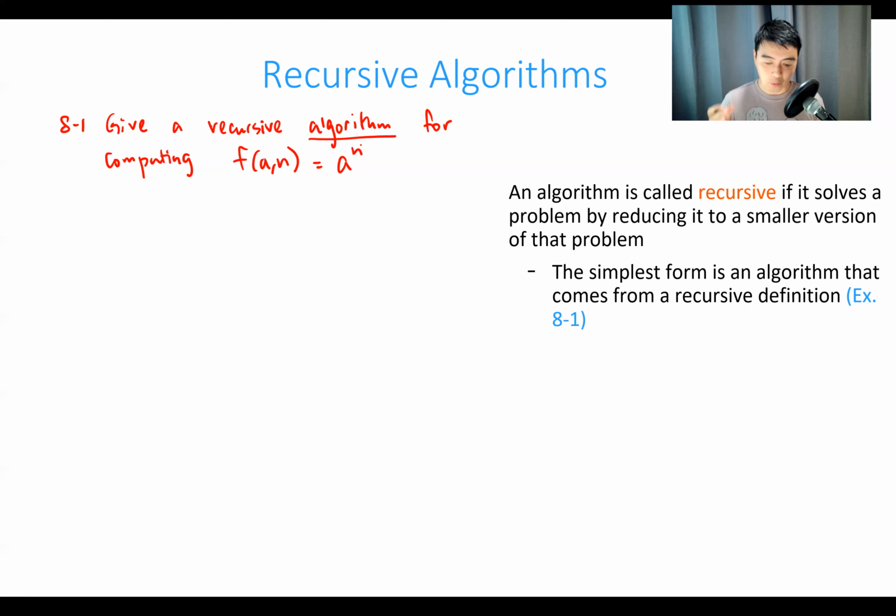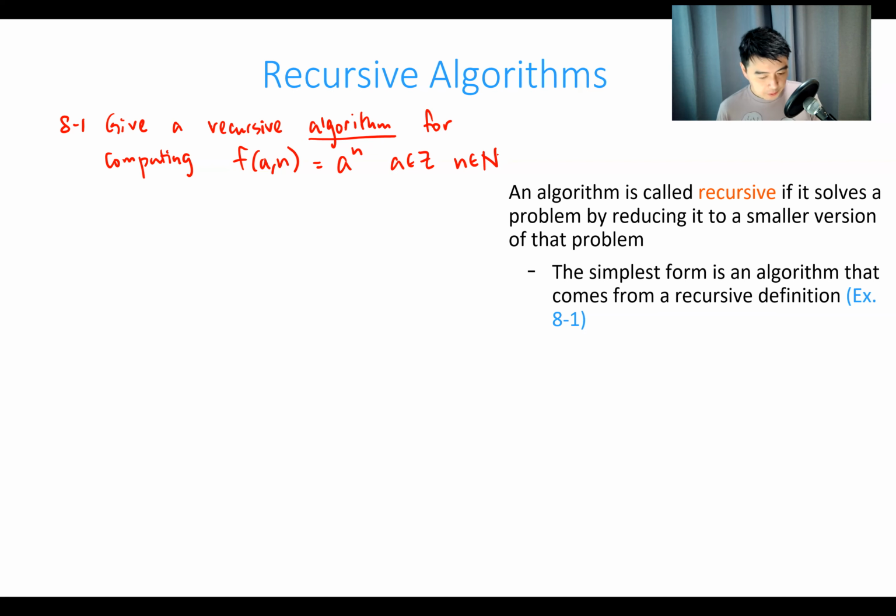Okay, so what you're going to be given here is an a and an n. And what we want to find out is what is a to the power of n? We want the value of a to the power of n, where a is an integer and n is a non-negative integer. Okay, so we want to basically calculate the power.